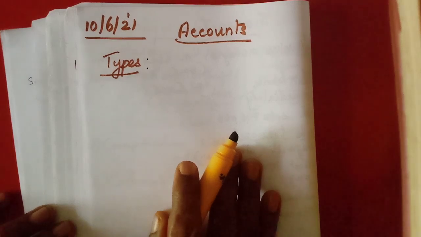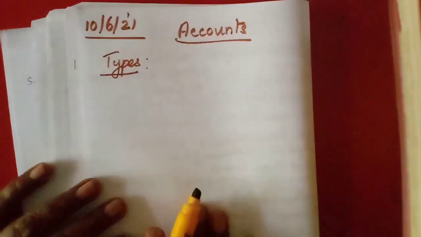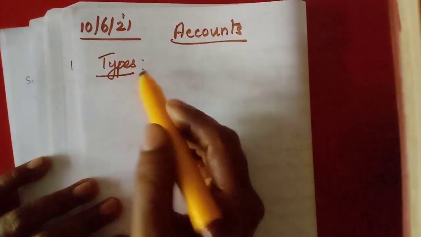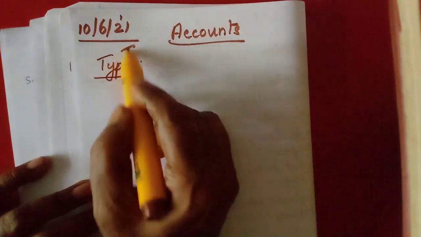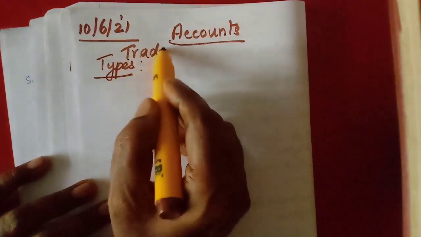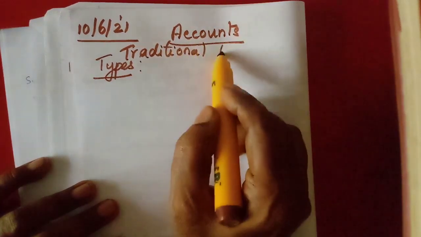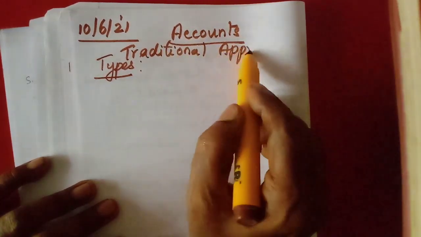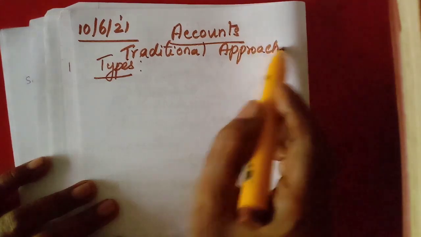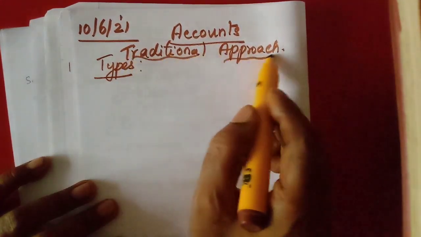The accounting equation approach is in the omitted portion, so we are not learning it. We will learn the traditional approach. In this traditional approach, we will learn how the accounts are classified. In this approach only, we are going to prepare the journal entries also.